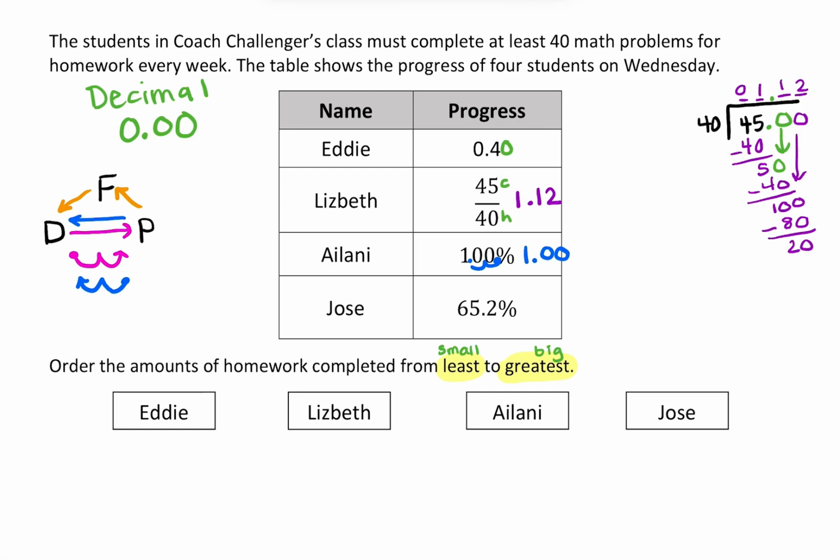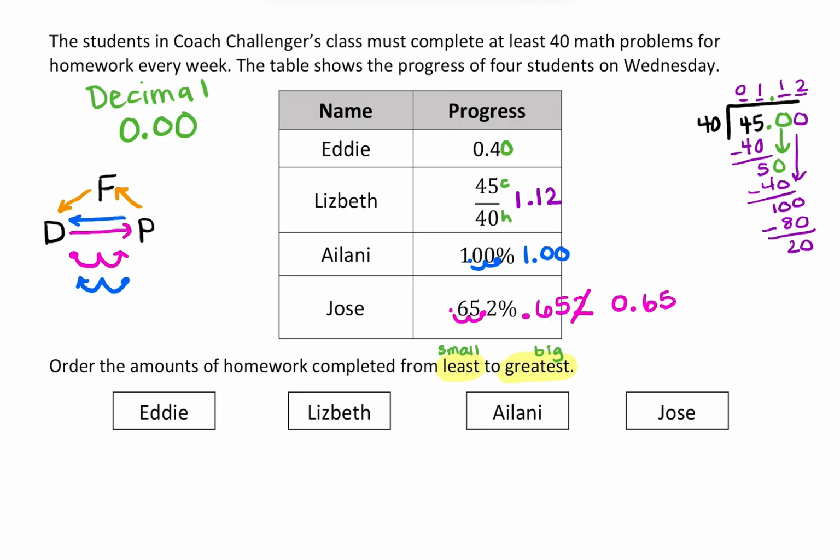Okay? On Jose, I have a percent to a decimal. So this one already has a decimal. So I still do 2 hops, 1, 2. So this is 0.652, but I want it to look like money, so I need to add that 0 on the front. And then technically, I just want the 6 and the 5. So now this looks like money.